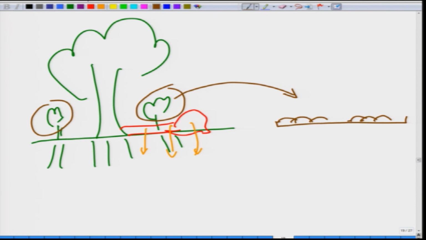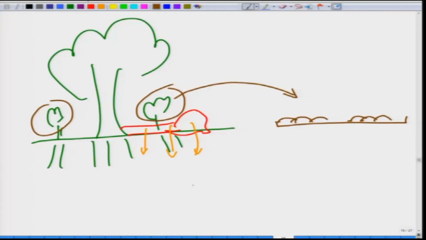So, now the minerals that were in the bodies of the plants were eaten up by the animals, and the dung is deposited not in the forest areas, but in the fields. So, slowly and steadily you are reducing the amount of nutrients in the forest soils and depositing them in your own fields.